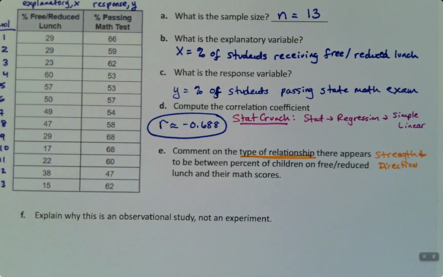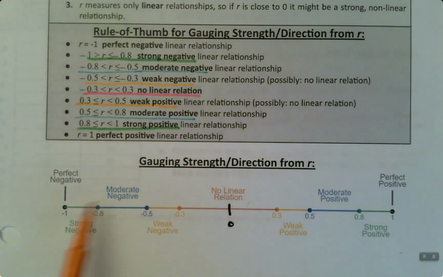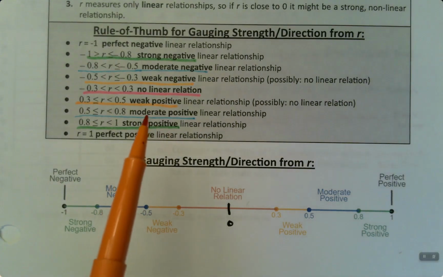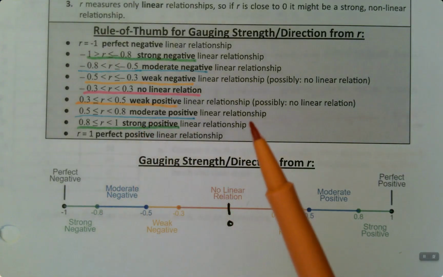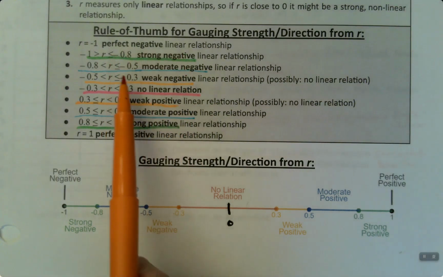Now we have this back a few pages. Earlier in this section, there was a diagram with all the values of R. So it's back a couple pages, but it's right here. We have it in a table form and we have it in a graph form, either way. So we want to think about our value. Well, for one thing, it's negative. It's negative 0.68. So we know we're in this bit, which is all three of the negative relationships.